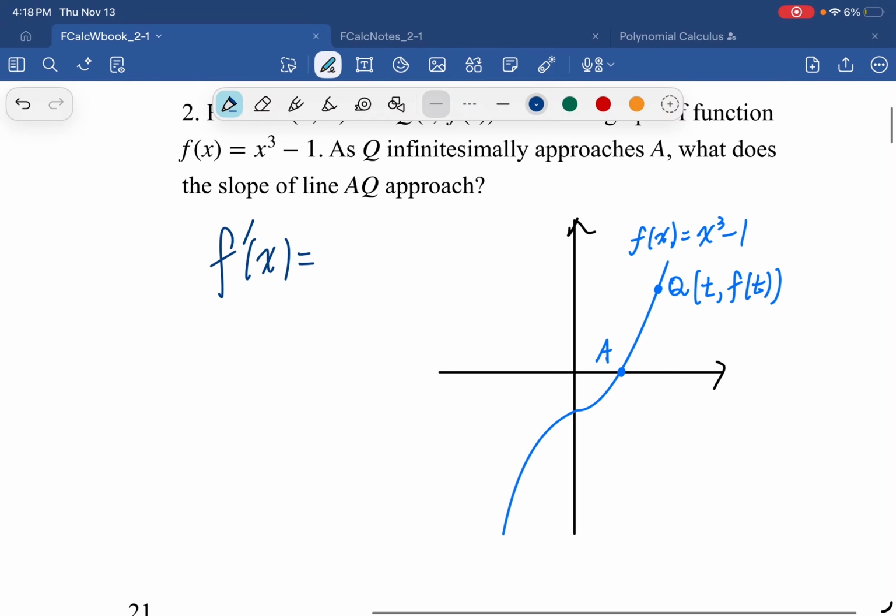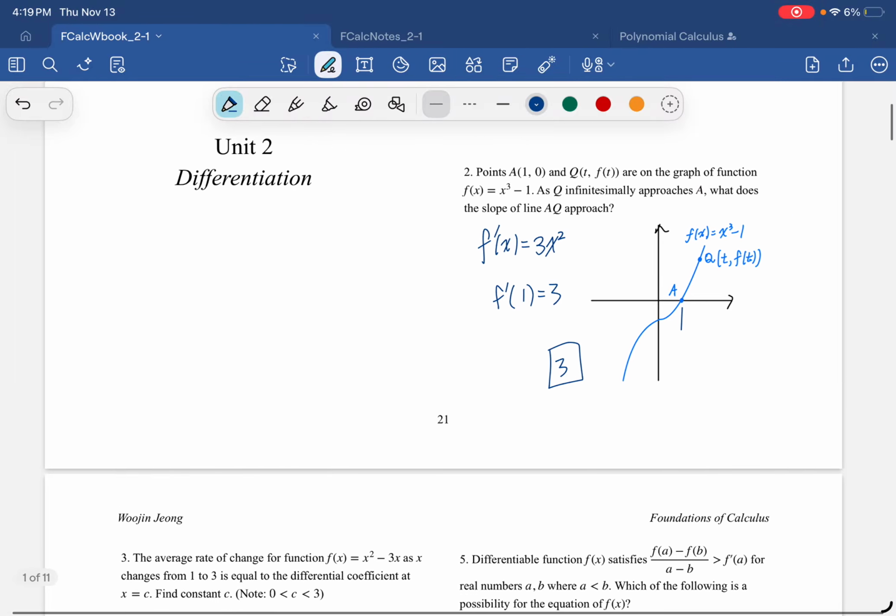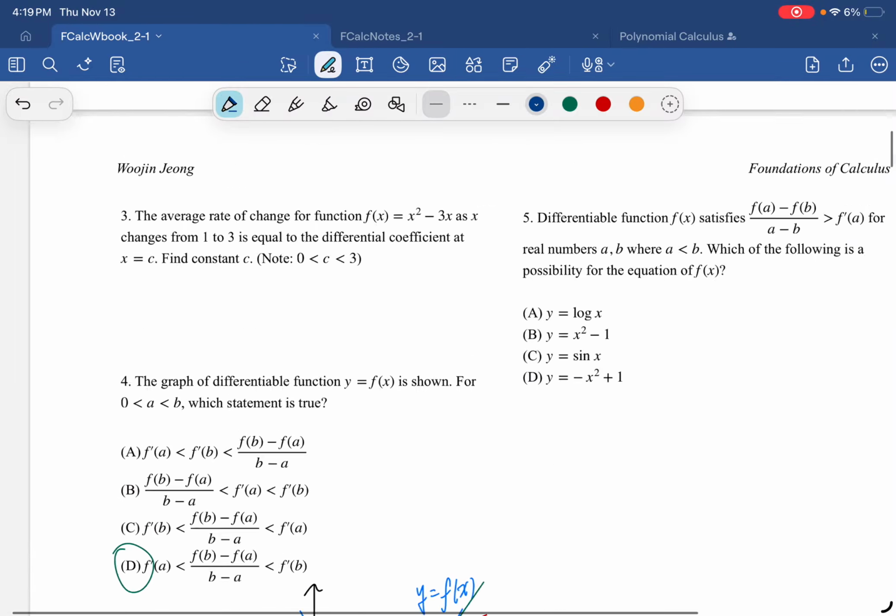Remember, its power goes down and subtracts by 1. So we have 3 times x to the power of 2, and then the constant goes away, right? We evaluate each term individually. f prime of x is 3x squared, so f prime of 1, since we're looking at x equals 1, is going to be 3 times 1 equals 3. So the slope will approach 3, and that's pretty chill, I think.